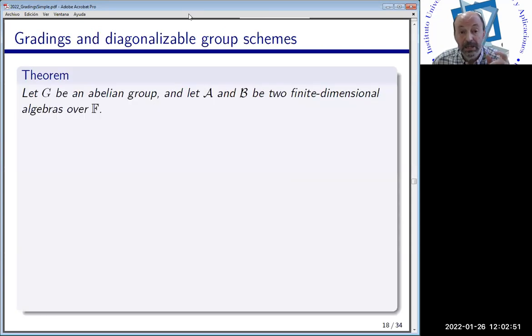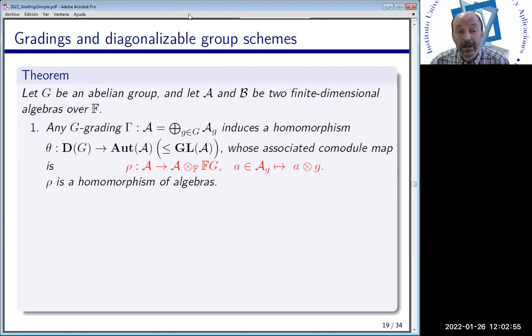However, if we are dealing with finite dimensional algebras, any grading on a vector space comes from a homomorphism from the corresponding diagonalizable group scheme.